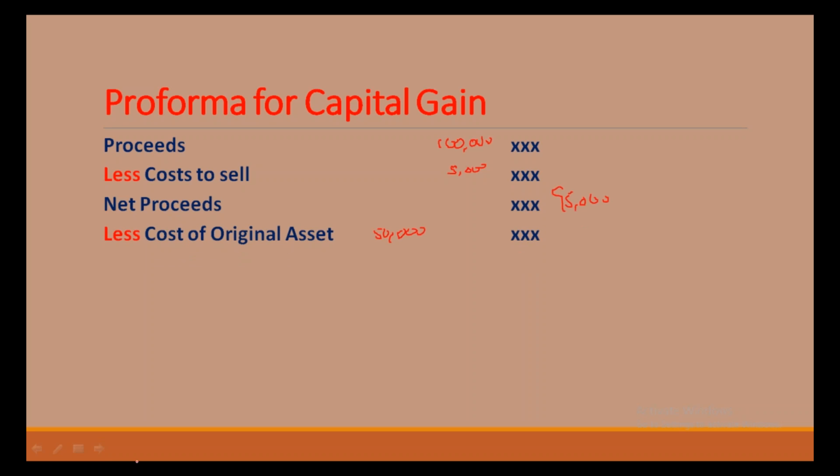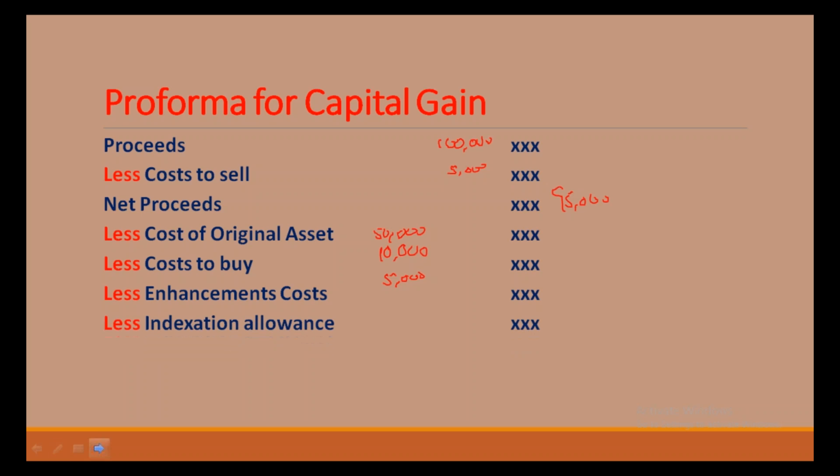And let's assume that they have spent 10,000 to buy the asset or to improve. 60. And any enhancement, they would have incurred more enhancement, another 5,000 during the period. Then we do the indexation allowance on this entire 65,000. Let's assume the indexation allowance is 10%.